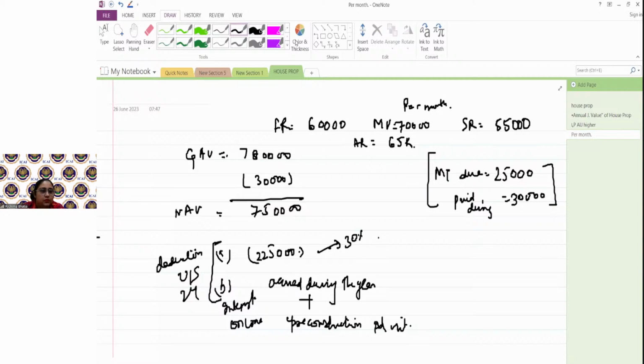Good. Now, what is pre-construction period interest?